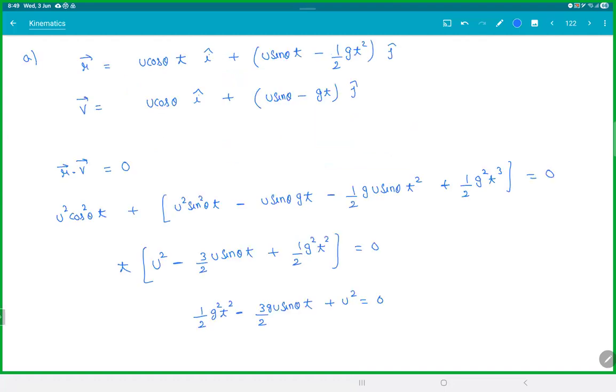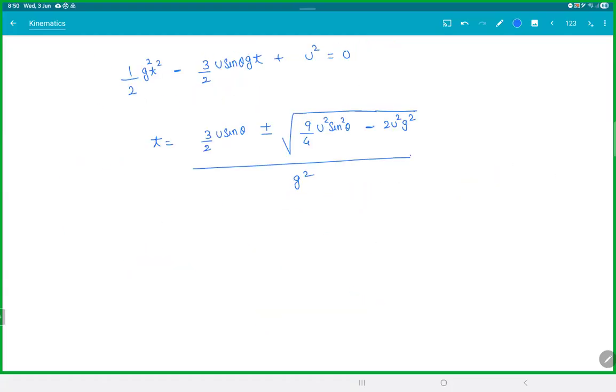Did I miss something here? Looks right, I guess. The equation is fine, right? Got the same equation. Then we are done. So 3 by 2 sin theta, 9 by 2 u square sin square. There is a g square here.